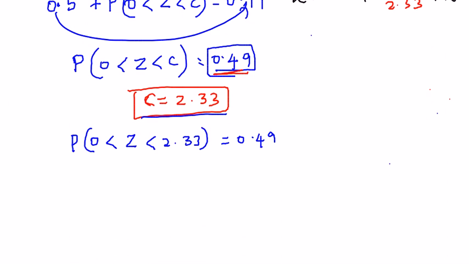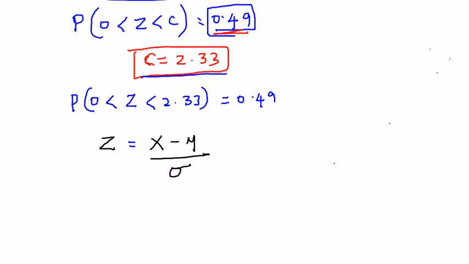So to find out x, you're going to use the formula z is equal to x minus mu by sigma. That is a formula. Do you know the value of z? Yes, it is 2.33.